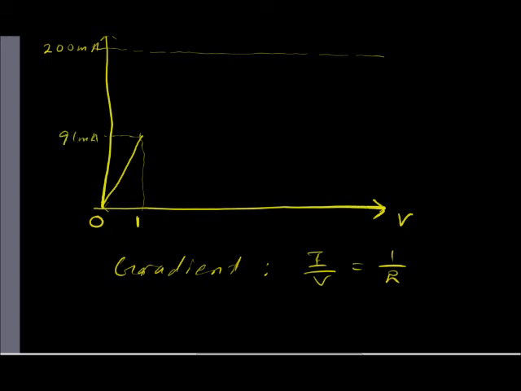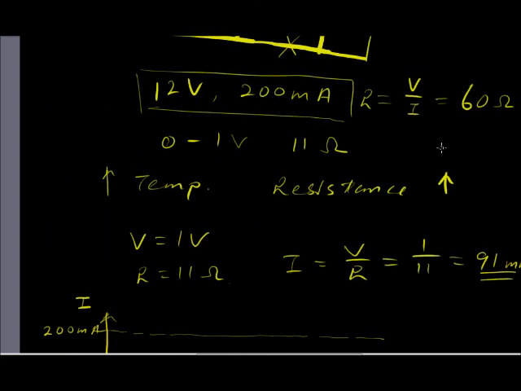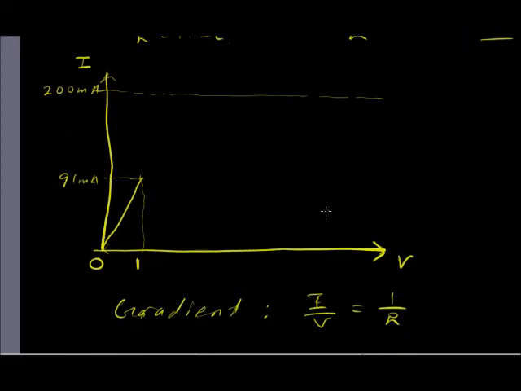And we also have this information when the lamp is operating at the normal operating point, which is 12 volt and 200 milliamp. So at 12 volt is 200 milliamp. So these are the information that we have, and apparently the resistance of the lamp is not going to be linear across the diagram.